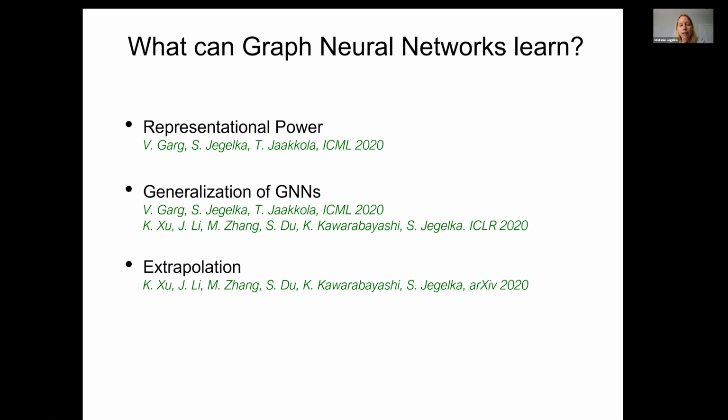And finally, I will say a few words about not only generalization within the training distribution, but generalization under, for example, domain shifts, with some thoughts and observations about that. So these three parts will have both theoretical and empirical observations because those go hand in hand. So let's start with representational power.